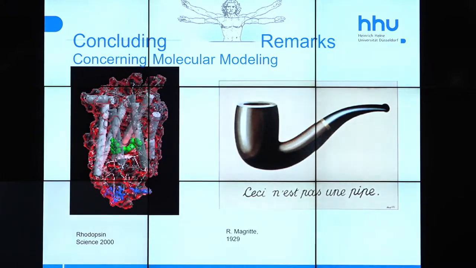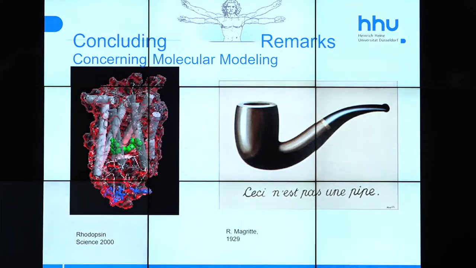And I think this is really extraordinary for the computational model, because you clearly see a pipe, but it is not a pipe, it's a picture of a pipe. You do not see any pipe, it's always just a picture. And if you have a model, you do not see the real receptor, you just see the model of the receptor. So you must be aware there are some possibilities for changes and so on.